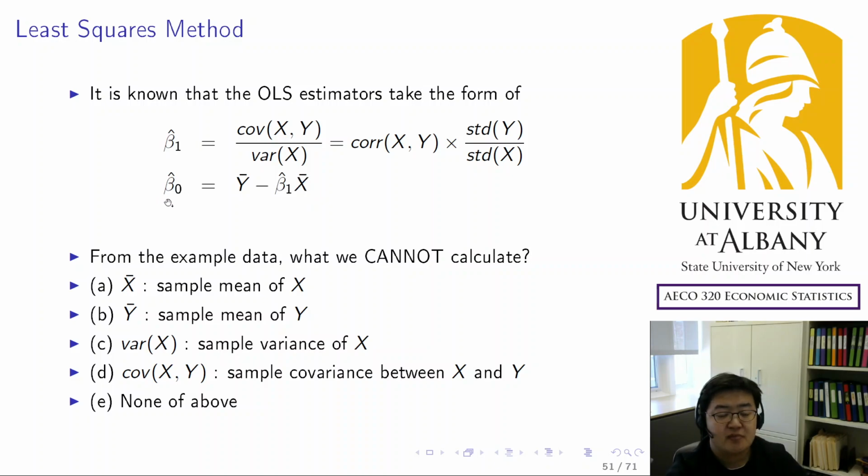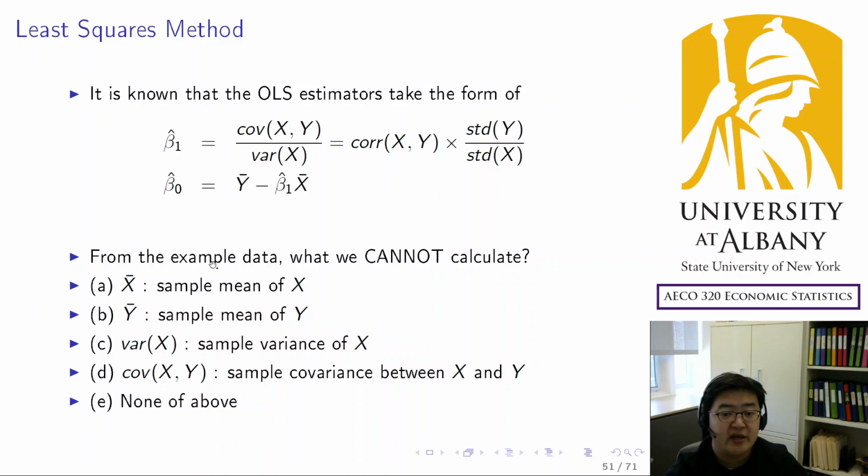So the intercept is to adjust for the averages. And then we know this gives you this. From this you can see that you can calculate the OLS estimators, beta 0 hat and beta 1 hat, based on covariance, variance, or correlation coefficient or standard deviations and averages, right?